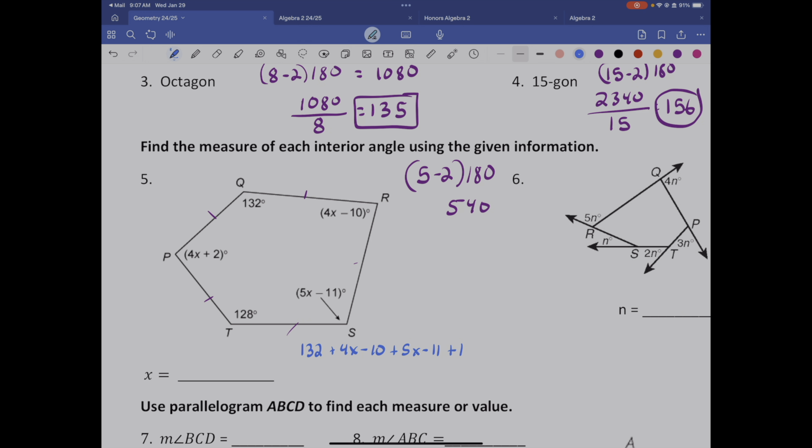We've got 132 minus 10 minus 11 plus 128 plus 2. I got 241. So that's got to equal 540. Now we have to solve that equation. I'm going to go ahead and move this again so I have a little bit more room.